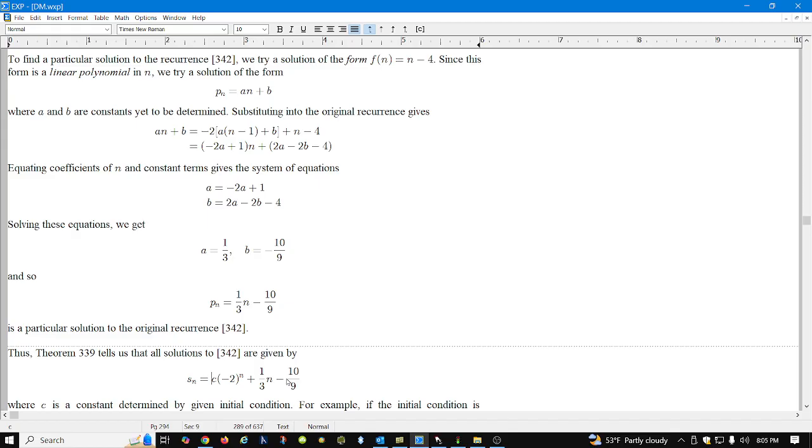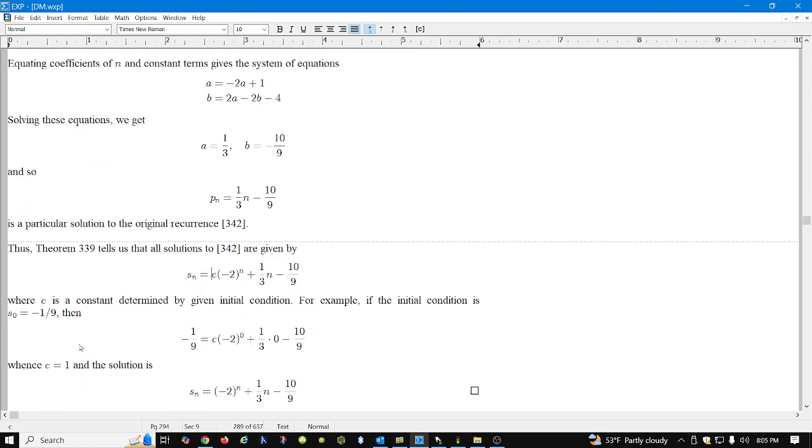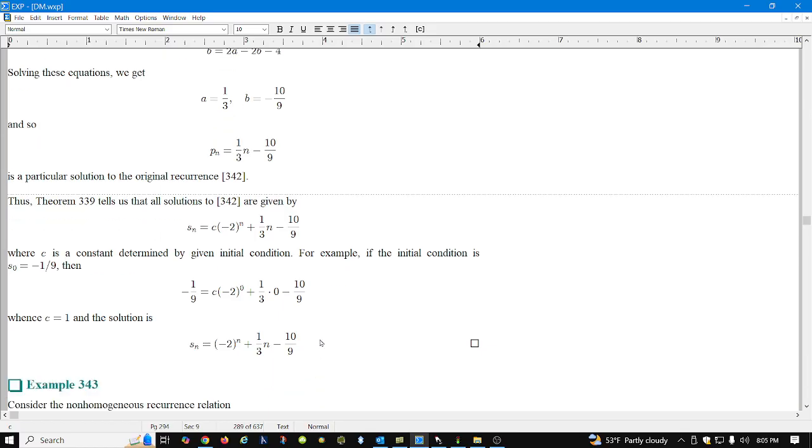And now we can use the initial conditions to determine the constant C. So if the initial condition is S naught equals -1/9, then that means that all of this, when we put in n equals 0, has to be -1/9, and C has to be 1, and so we get the actual solution to the recurrence with this initial condition. Okay.